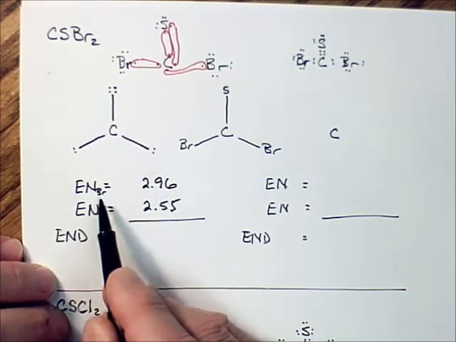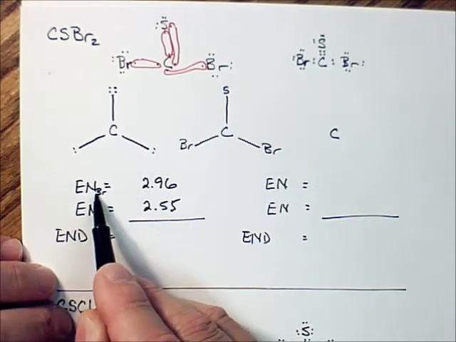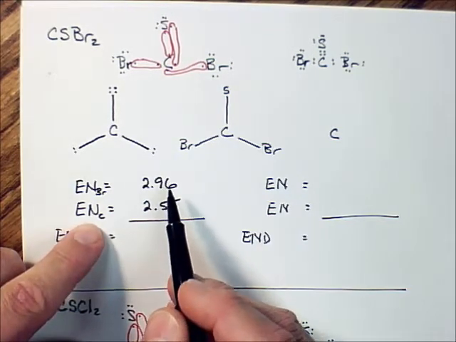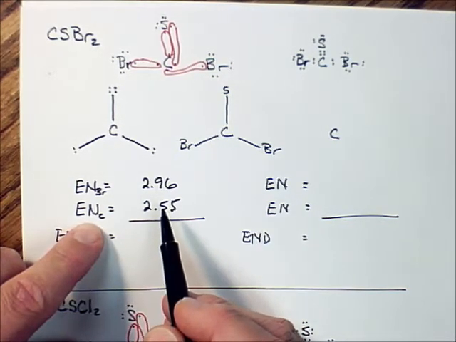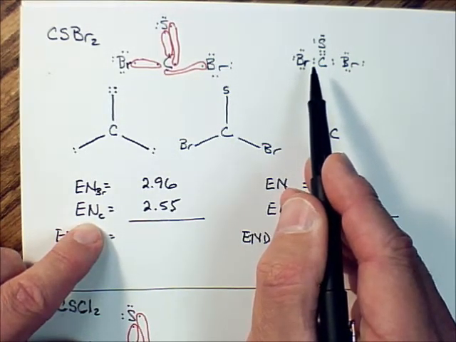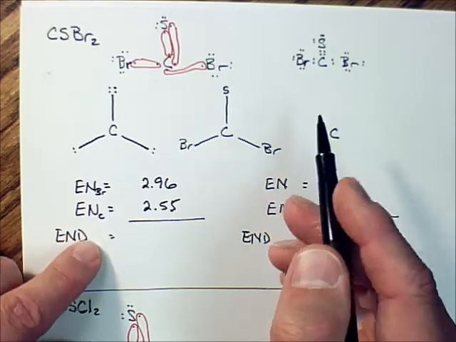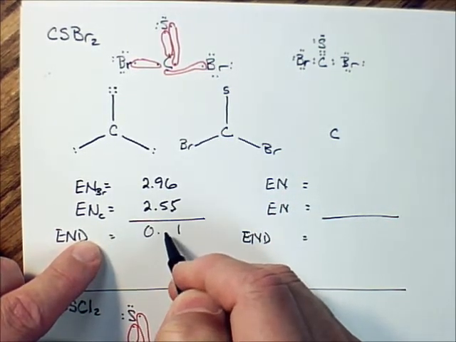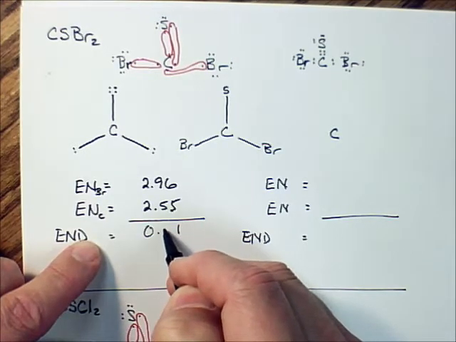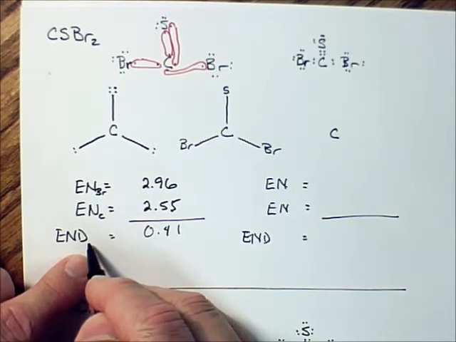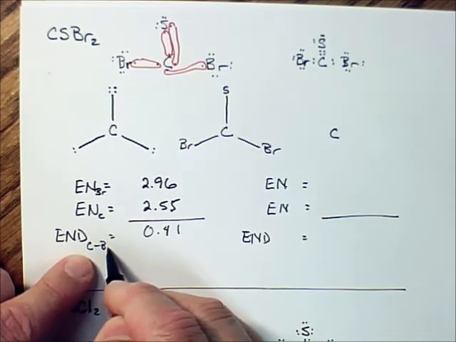So you can see that bromine, because it has a larger electronegativity, is pulling on the electrons more strongly than carbon is pulling on those same electrons that it shares. So these electrons between bromine and carbon, bromine is pulling harder on those electrons. Well, let's find the difference here. So we got 0.41.